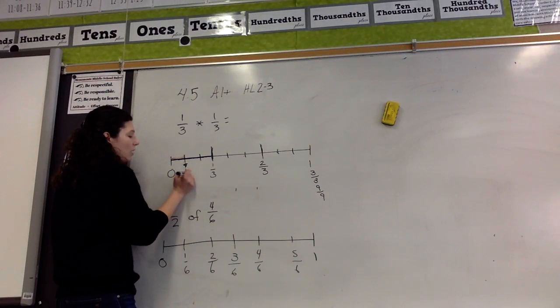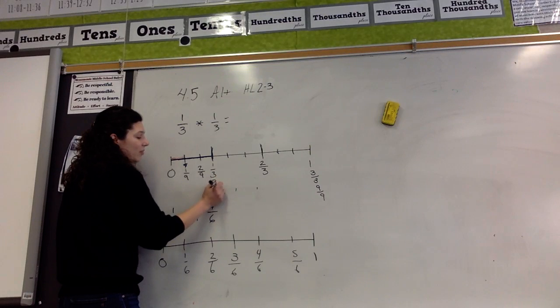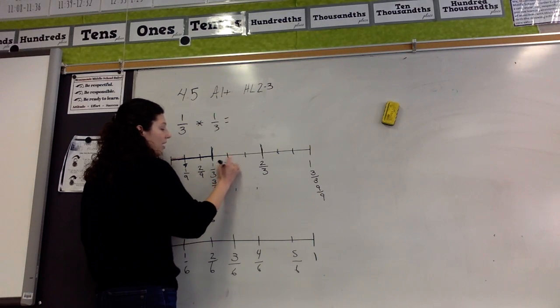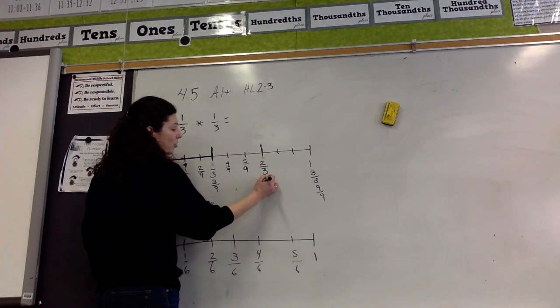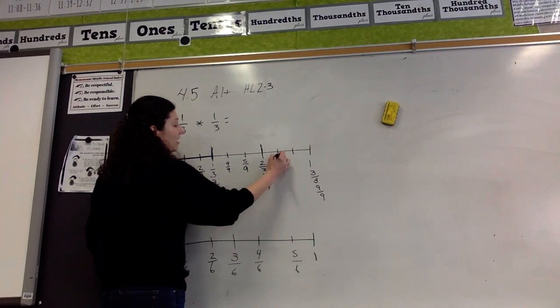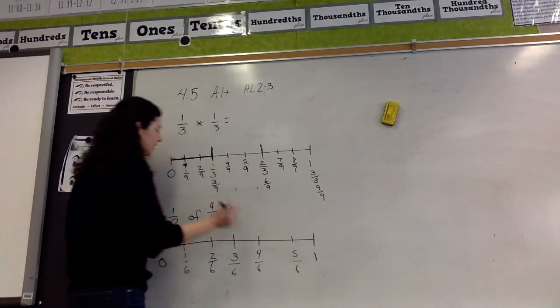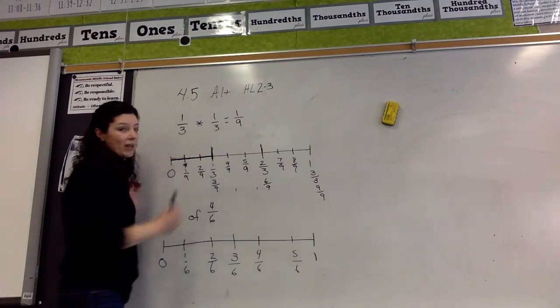So this becomes 1/9, 2/9, 1/3. Another name for it is 3/9. 1 times 3 is 3, 3 times 3 is 9. 4/9, 5/9. Another name for 2/3 is 6/9. 2 times 3 is 6, 3 times 3 is 9. 7/9, 8/9, and 9/9. So the answer to 1/3 times 1/3 is 1/9.